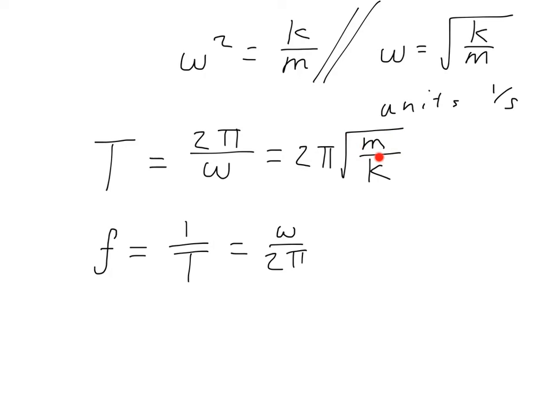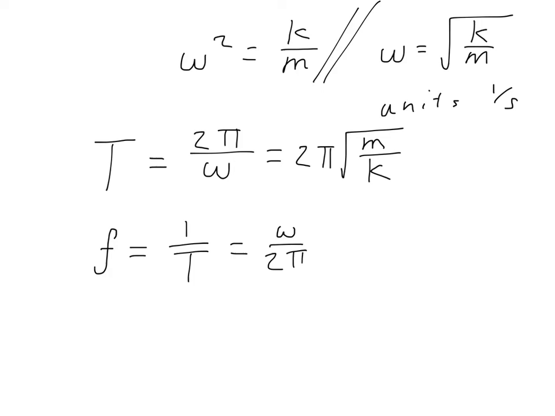If you have a really large mass, it's going to take longer to do this sort of oscillation. If you have a spring constant that's very large, a really tough spring, it's going to have a lot of force and it's going to really accelerate this thing back and forth. So we see that there's now this nice direct relationship between two relatively easy measurements that we can make in the lab and the period that the oscillation is going to take.